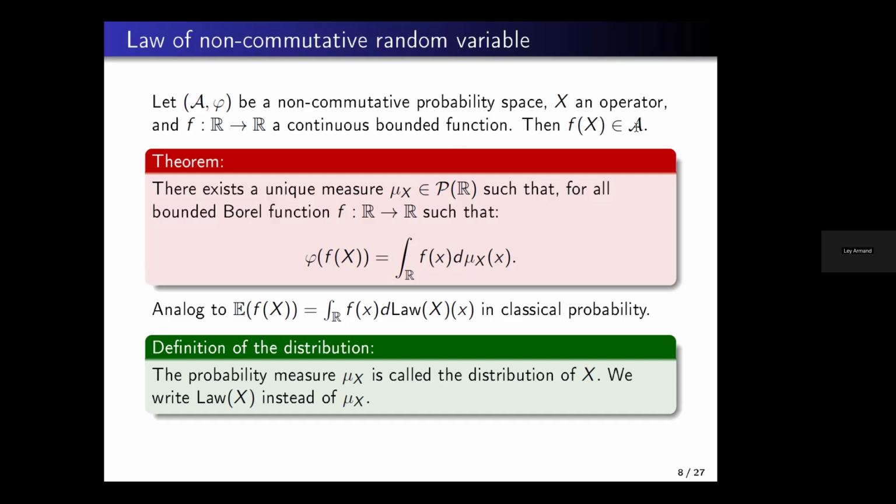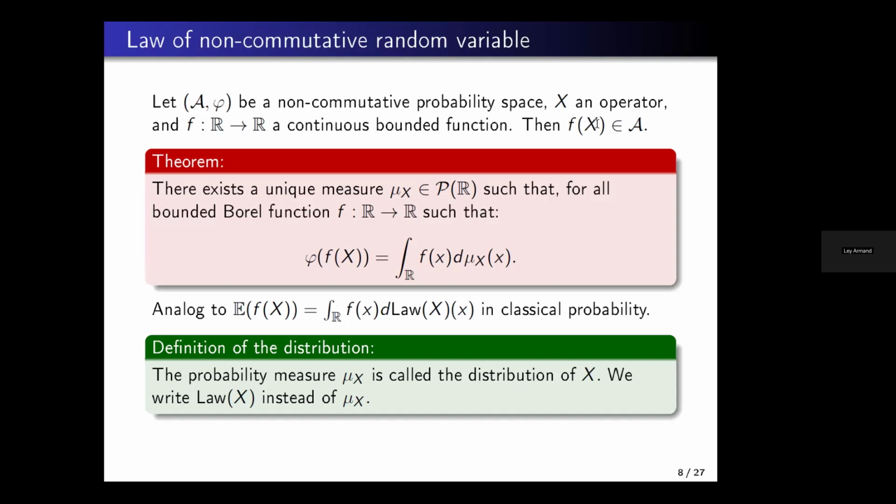That is why we ask for closure, etc. You can prove that f of x is still in your non-commutative probability space. Just observe that f of x is of course not the composition of f and x.